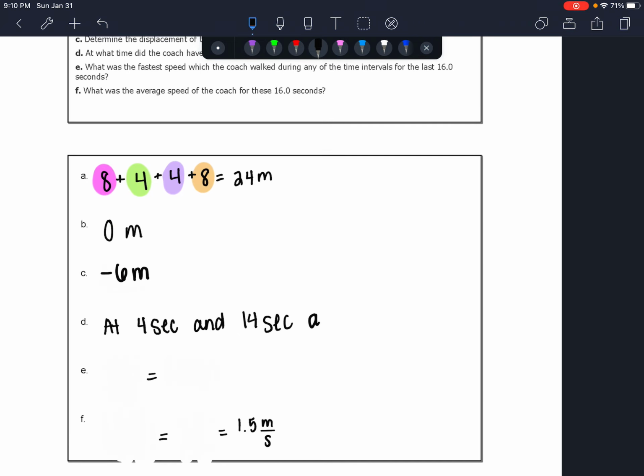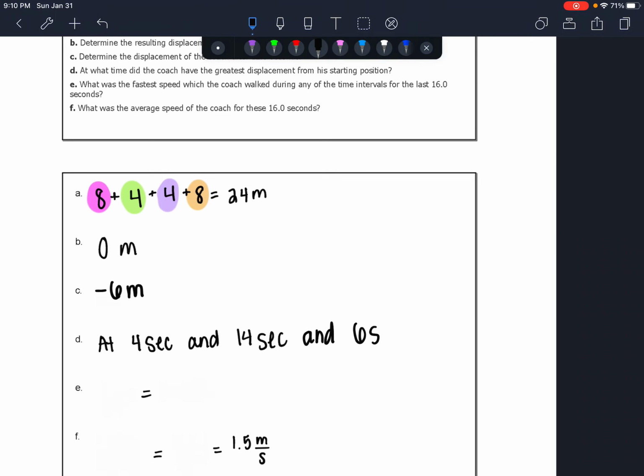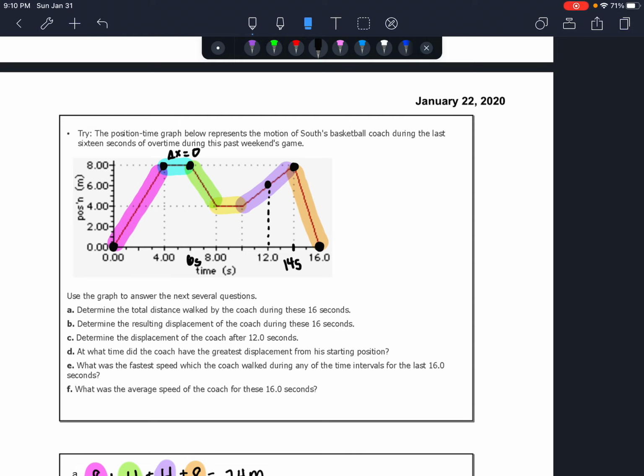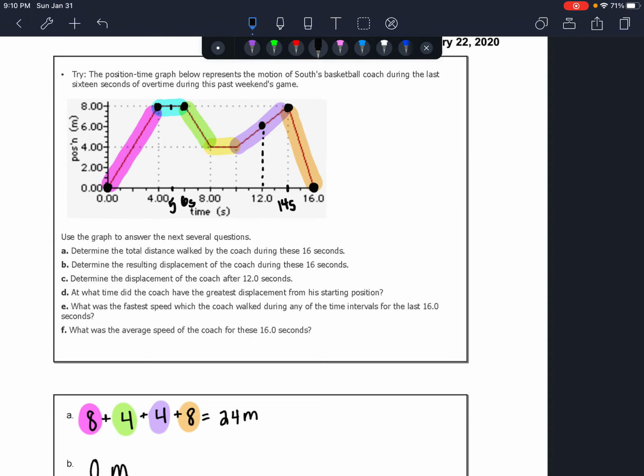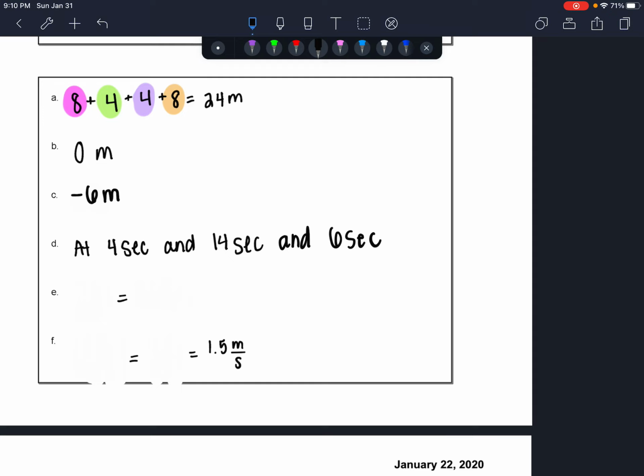Now that I think about it, I guess it's valuable to include 6 seconds because he was at 8 meters. I think I didn't include it originally because he didn't move there after 4 seconds. He just stayed there. But it is true. He was there at 8 meters. But then he was there at 5 seconds too. So I'd feel more comfortable saying from 4 to 6 seconds during that interval, instead of at 4 seconds.